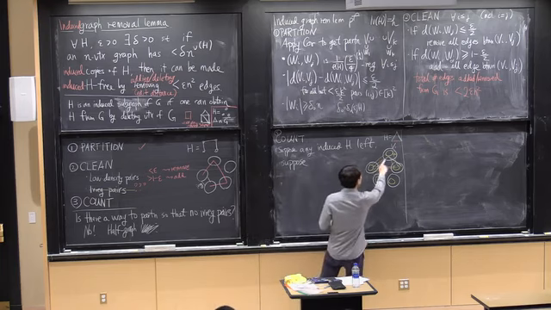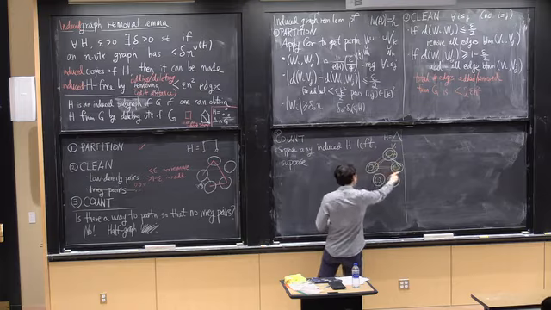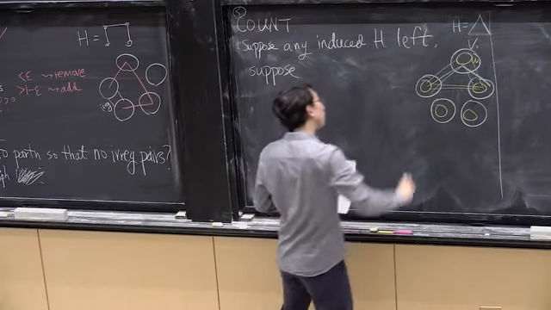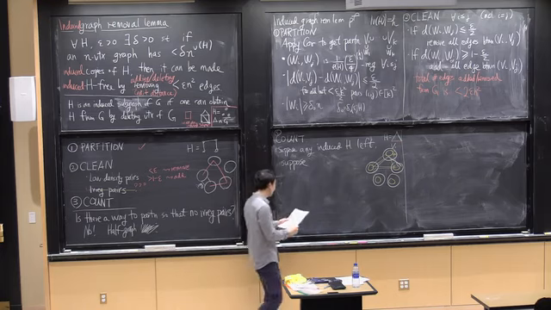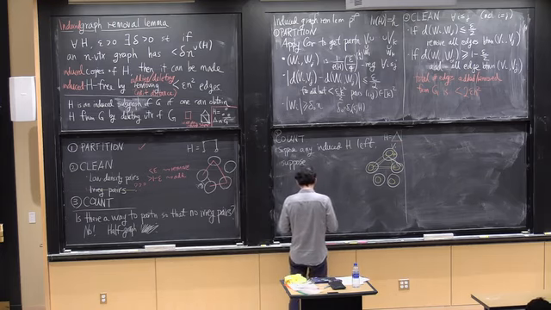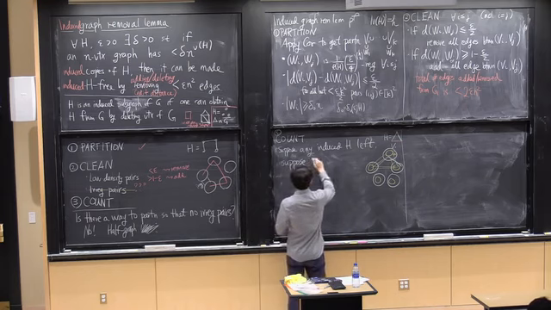So if you had a copy of this H somewhere, then I zoom into the yellow parts, zoom into these W's, and I find lots of copies of H in between the W's. Okay, so let me write this down.